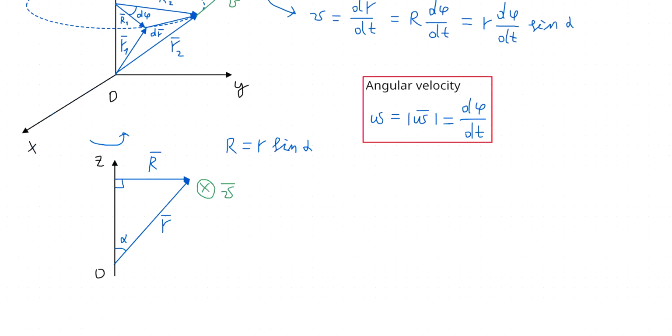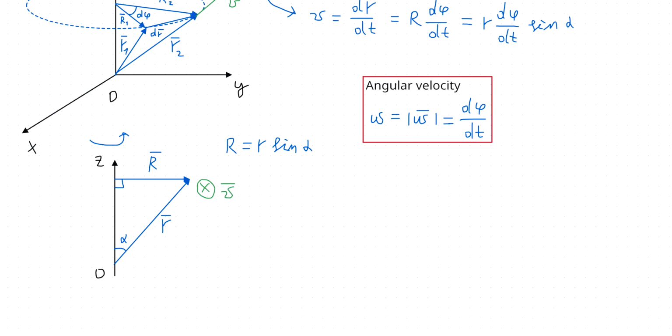And the question is how to define the direction of this vector, because here we defined only its absolute value. It can be defined according to the right hand rule.